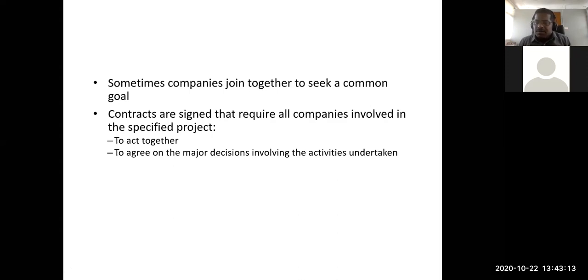So we tend to form different teams, different ventures, different joint arrangements, just to manage the risk, or the technological, distribution, operational, or marketing requirements.